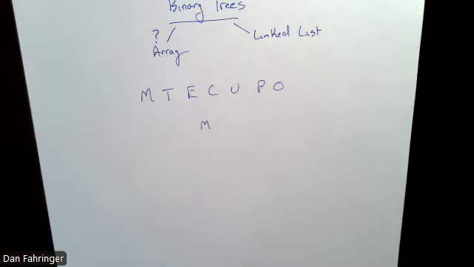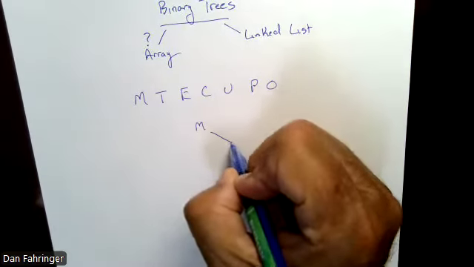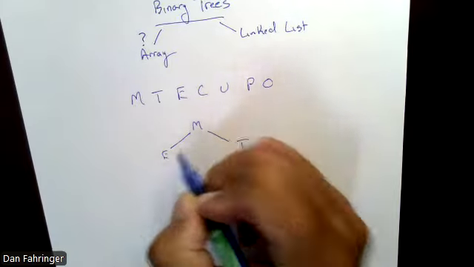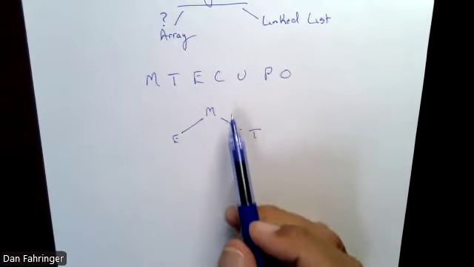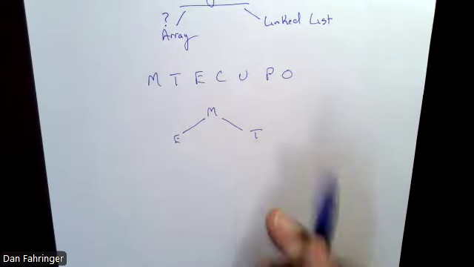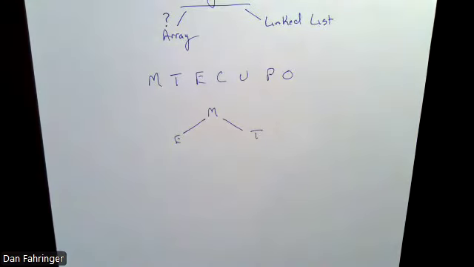There it is. I have a T. I have an E. And again, sometimes I draw squares, sometimes I draw the whole node, sometimes I just keep it simple.